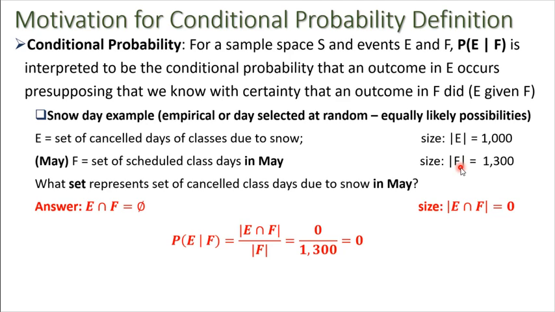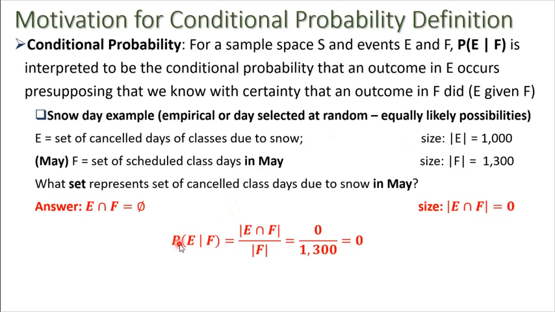So if the first class day in May was, let's say, 200, then 200 is the 1st of May, and that was a class day, and 201 was the second day in May, and 202 was the third day in May. These would be all those numbers that were in F.